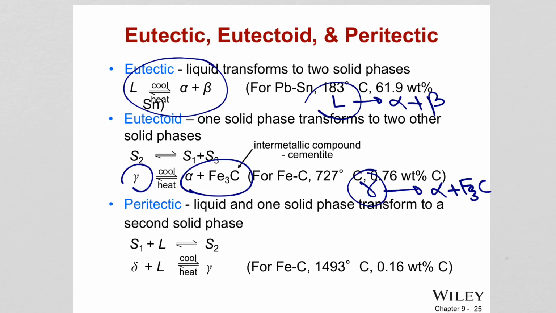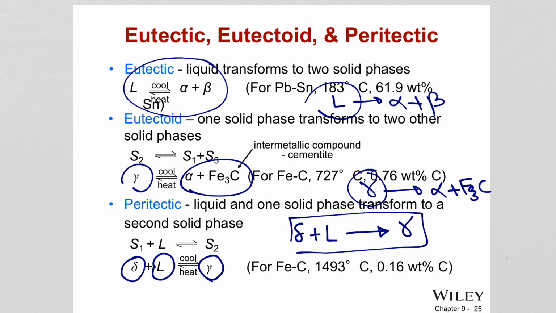Okay. And peritectic is when you have a solid phase and liquid phase that come together to form a second solid phase. So delta solid comes together with liquid, and when it's cooled down forms gamma solid phase. That is the peritectic.